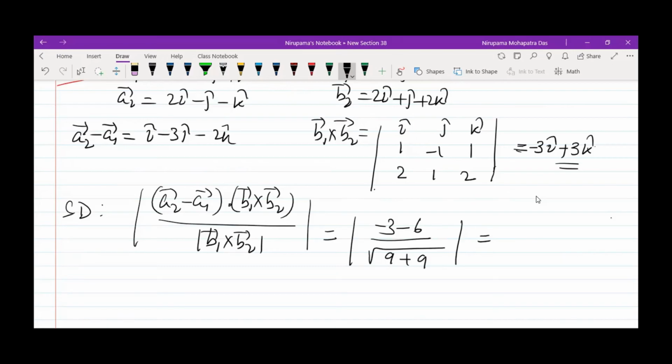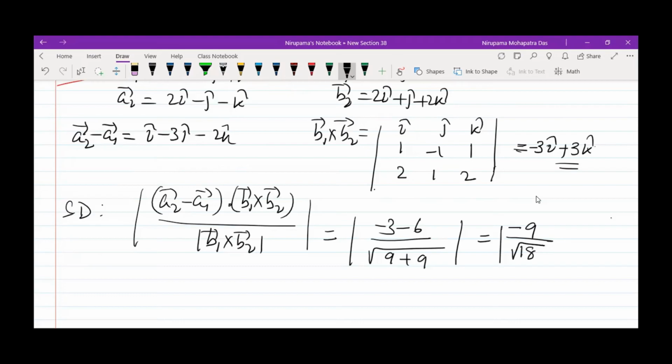Okay, so we are getting minus 9. Here it is 2 into 9, right? So you can write it like this.